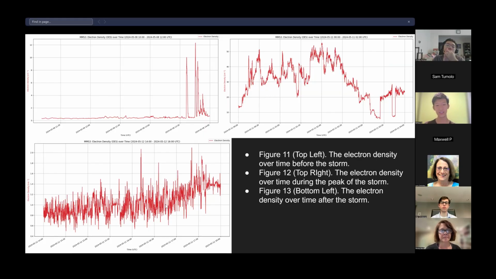This probably indicates, I believe, post-storm activities. And also before the storm, you can see the sharp increase, and it likely suggests increased solar activity or the start of the storm.